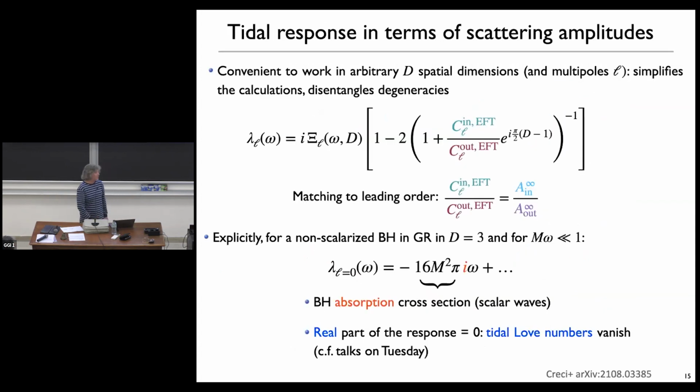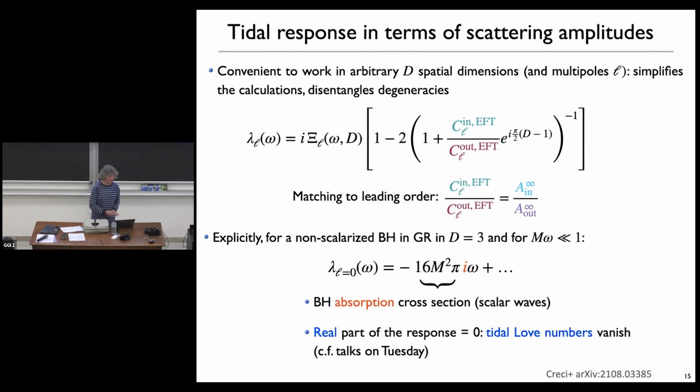So when you work this out, let's say we first consider a non-scalarized black hole to understand what happens to the black hole, and then later on we will add the scalar condensate. So then you can work out in your effective world line theory how the response function depends on these scattering amplitudes.